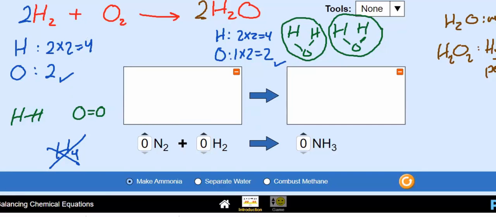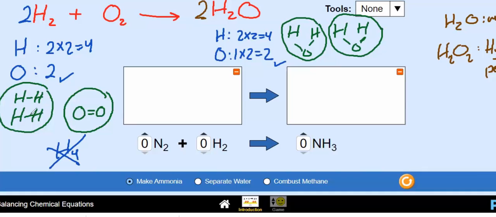When you put 2 there, this tells me that you have 2 hydrogen molecules, so you have H2 and another H2 here. So you have 2 hydrogen molecules reacting with 1 oxygen molecule. You can see 1, 2, 3, 4 hydrogens. That's 2 H2, which will give you a total of 4. 1 O2 will give you 2 oxygens. And now you can see the equation is balanced: 4 hydrogens and 4 hydrogens.